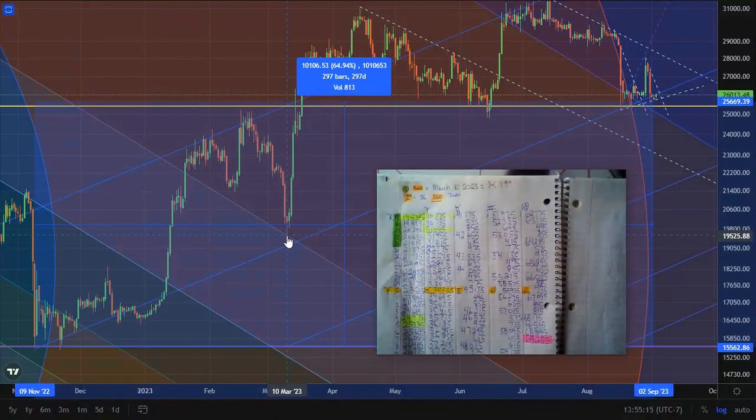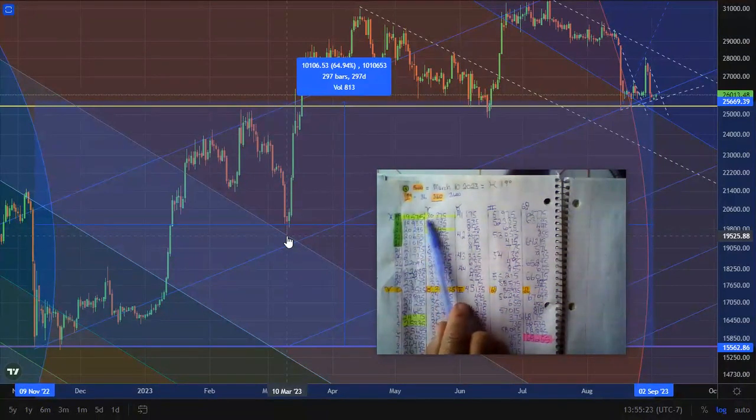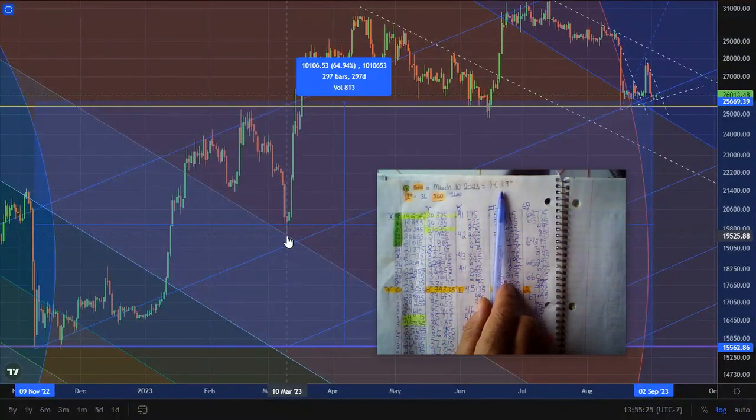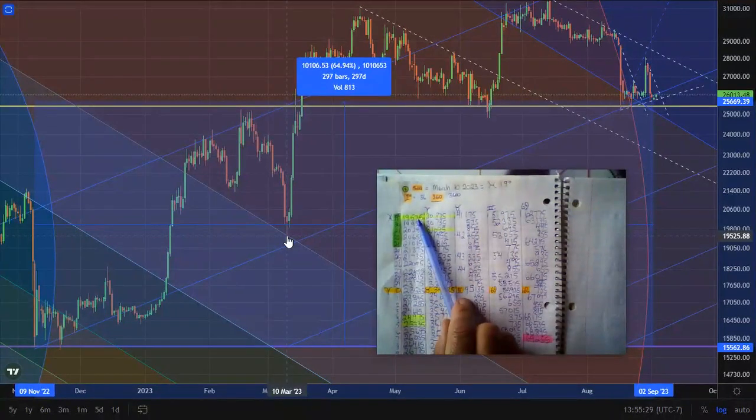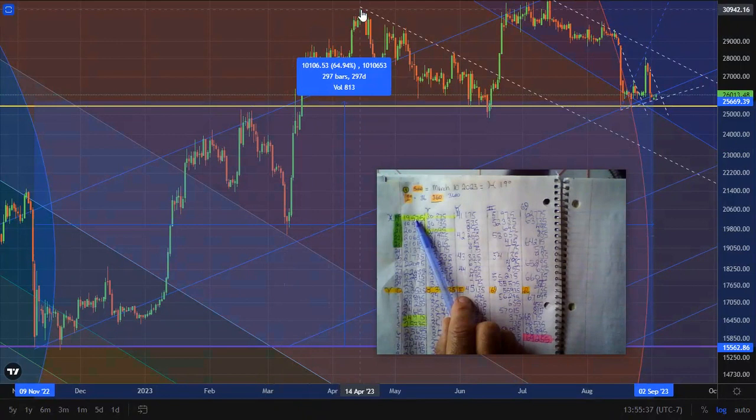So this one right here, again the sun scale, we're setting it right up here: 19,575, March 10th, 2023. It's at 19 degrees. From that bottom, we want to know where the next top is going to be. The sun's telling us it's on the 14th of April.